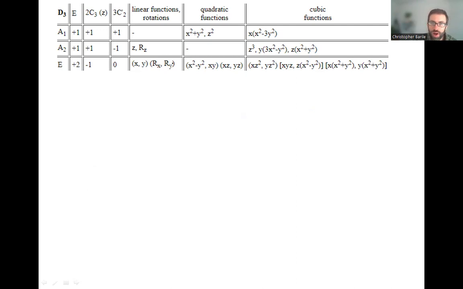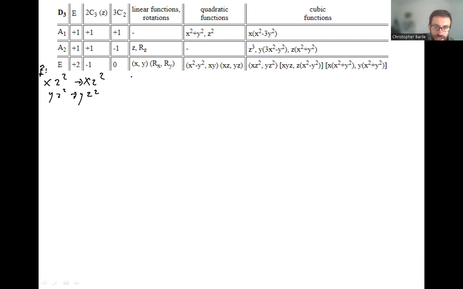Well, we already know how x and y transform, and so if we think about how xz squared transforms, we know that an identity is not interesting. This is identity. It just goes to itself. xz squared goes to xz squared. And we have a hint here because we know the answer that these are going to transform together.